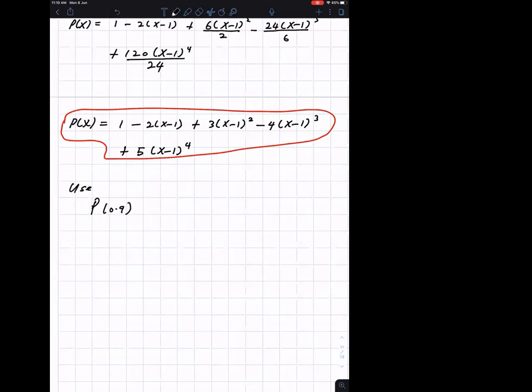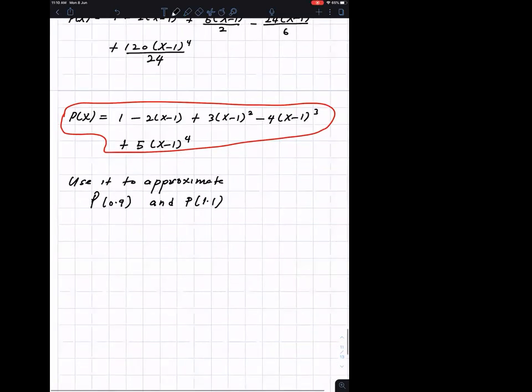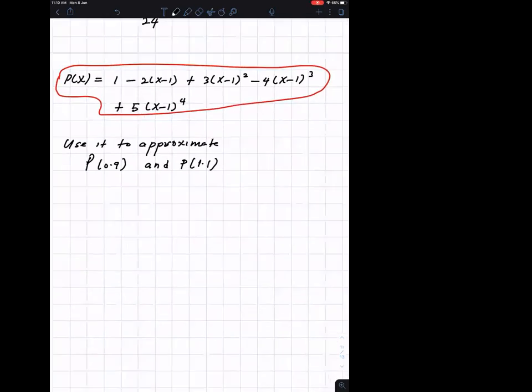Use the polynomial to approximate. Okay, now P(0.9). Let's do P(0.9) first.